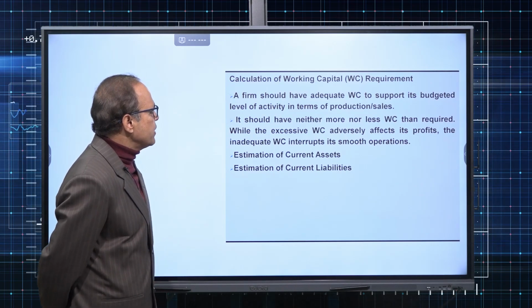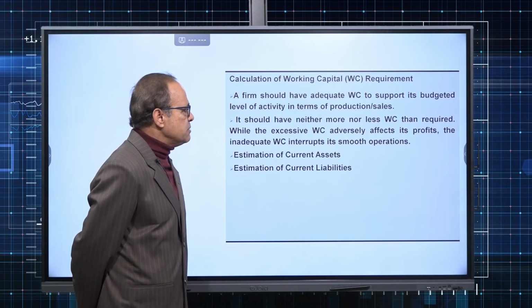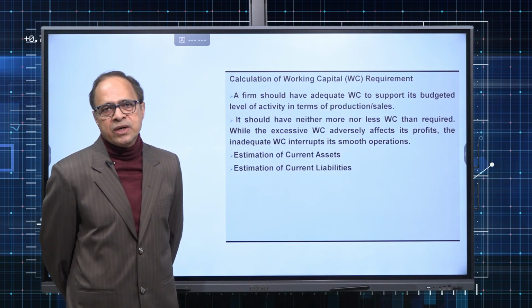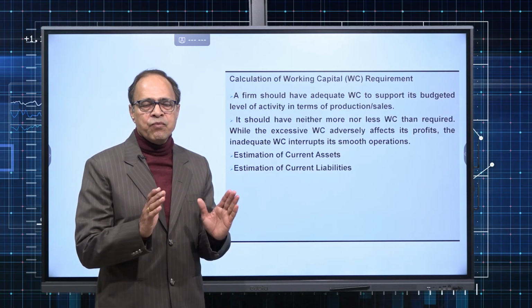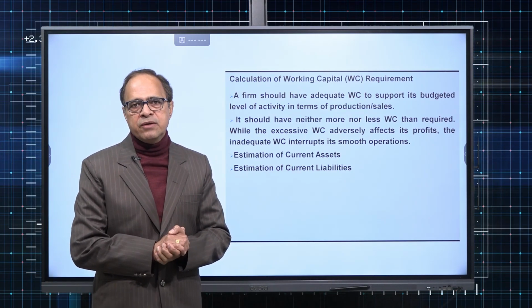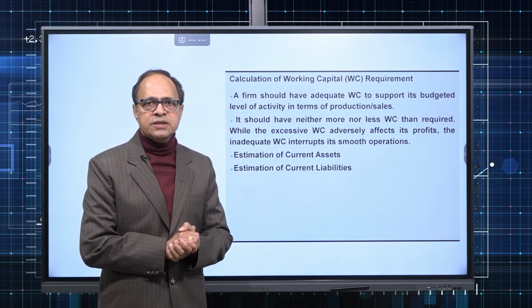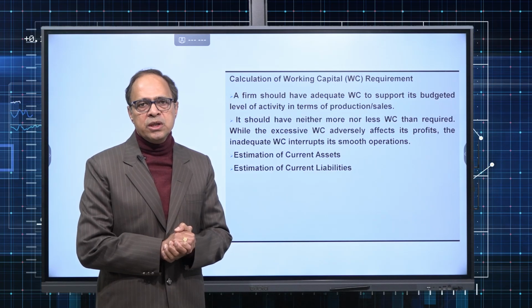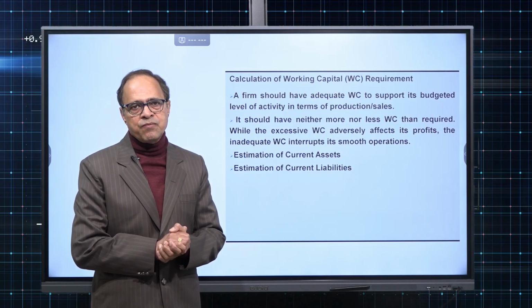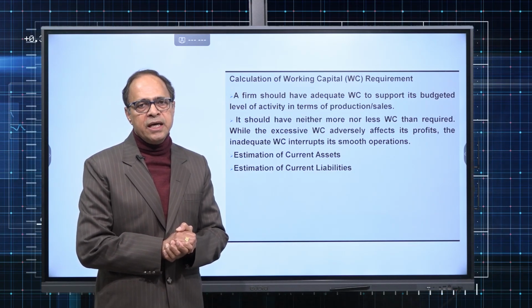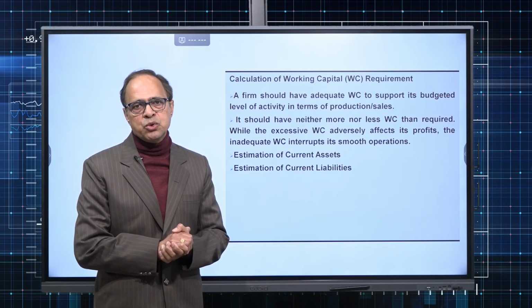We estimate working capital so that we can achieve a trade-off between liquidity and profitability. Liquidity means ensuring sufficient availability of all the components of current assets so that production and sales activities can continue smoothly.